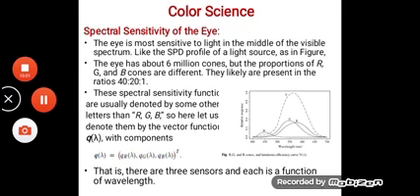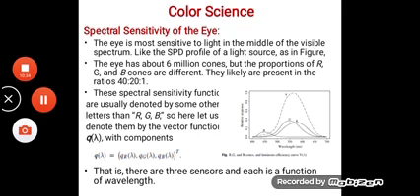The eye has about 6 million cones, but the properties of the R, G and B cones are different. They are present in the ratio of 40:20:1. These spectral sensitivity functions are usually denoted by letters other than R, G and B, represented by the vector Q of lambda. The equation for this Q of lambda has already been given here.